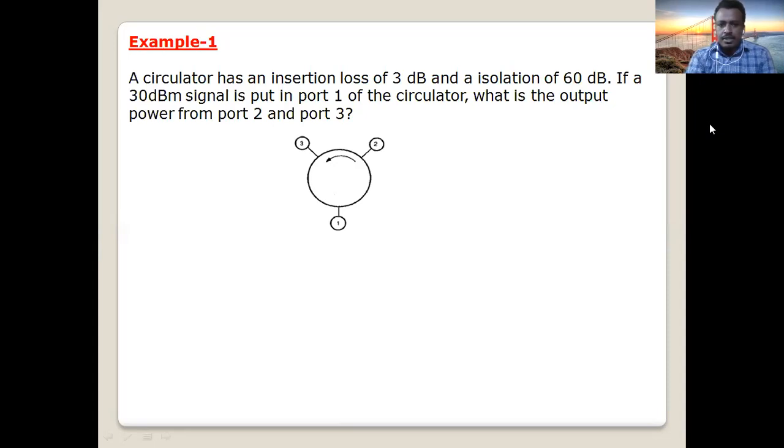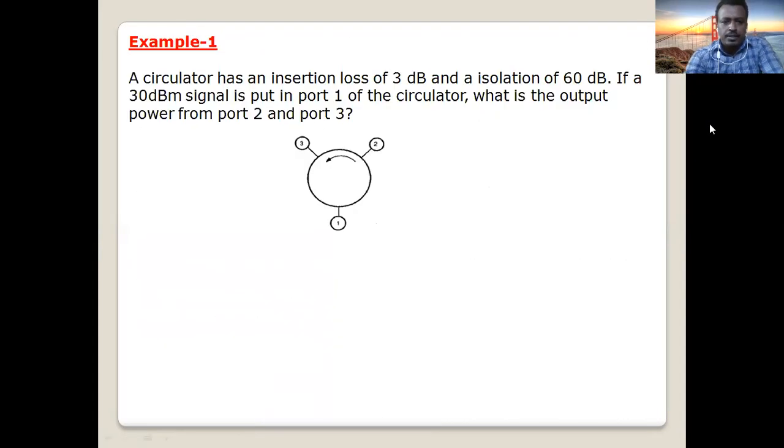So far we have discussed 3 basic components: the directional coupler, power dividers and hybrid circuits, and last class we discussed the circulator. So to summarize what we have discussed, let's see a couple of examples.